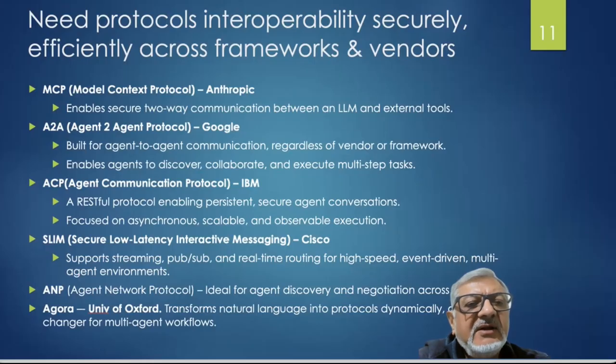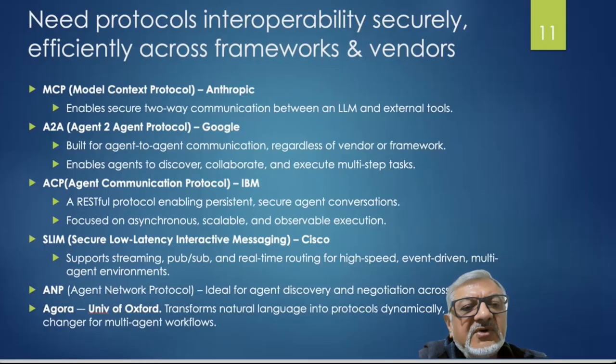Then similarly, SLIM protocol by Cisco, ANP protocol by ID, which is ideal for agent discovery and negotiation across domains. And then there's the Agora protocol by University of Oxford.